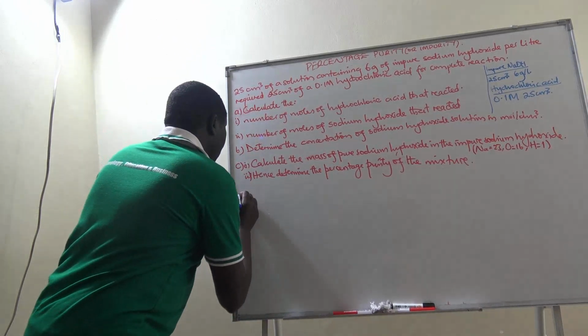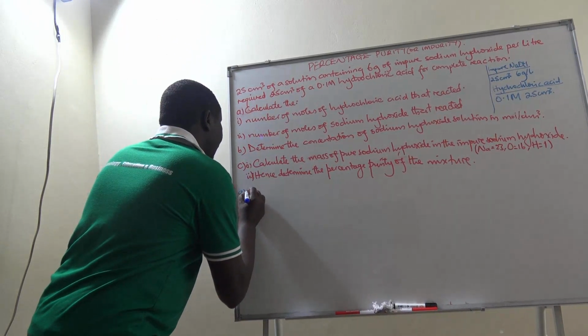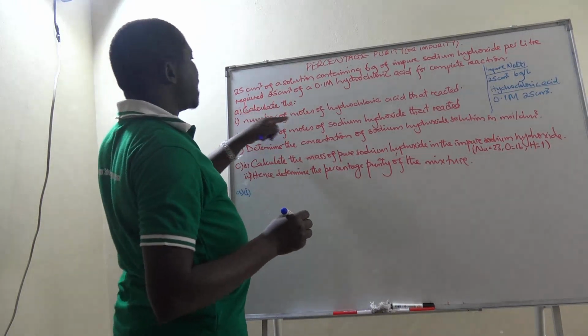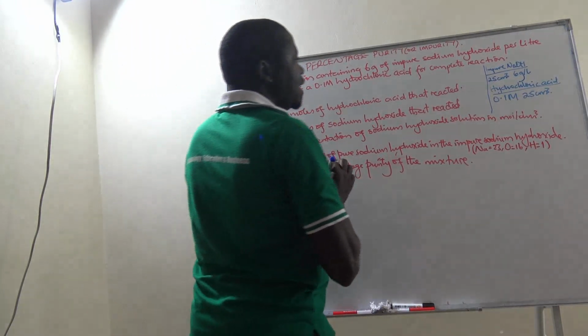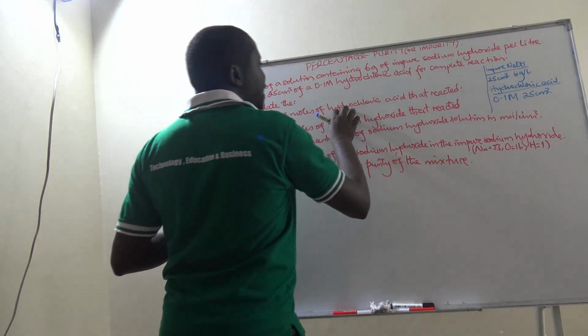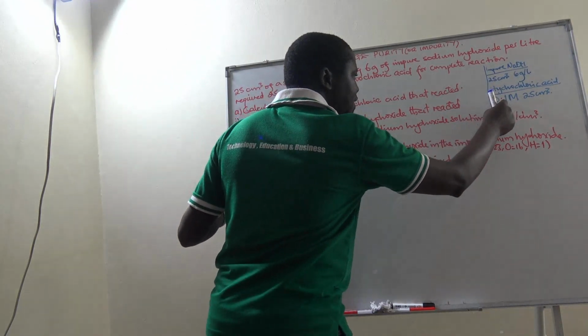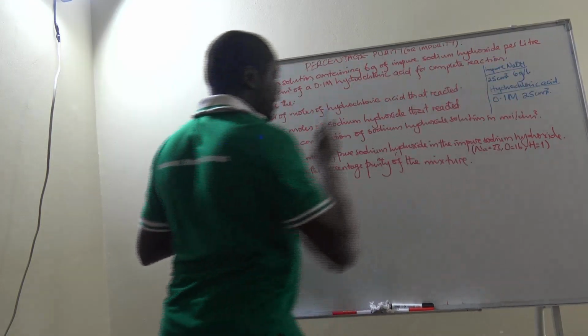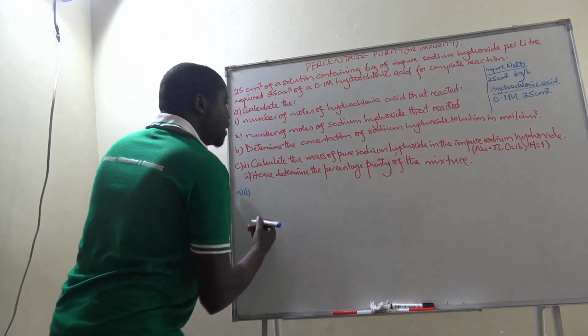Now with those we can perform our calculations with a lot of ease. Let us look at A part 1. They want the number of moles of hydrochloric acid that reacted. This one is very simple because we have the molarity of the acid given and the volume that reacted is also there. And what do we say?